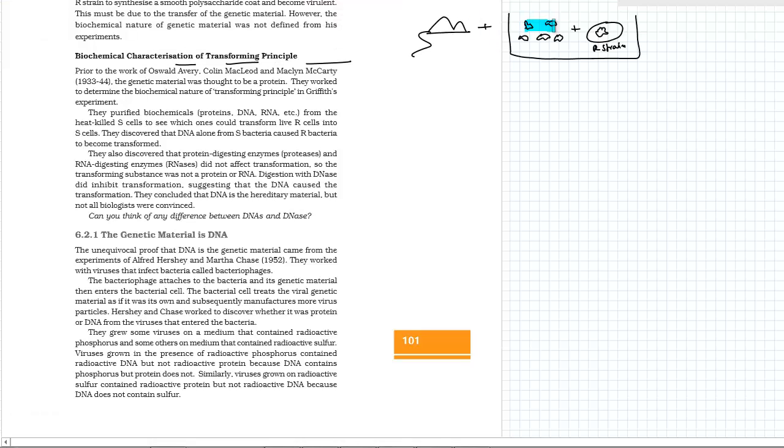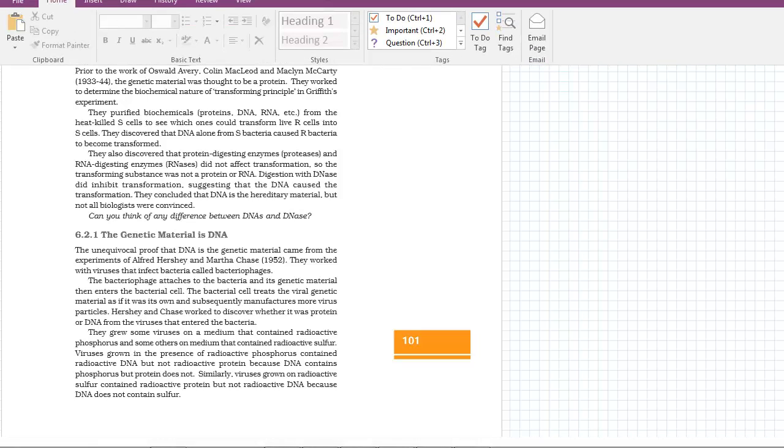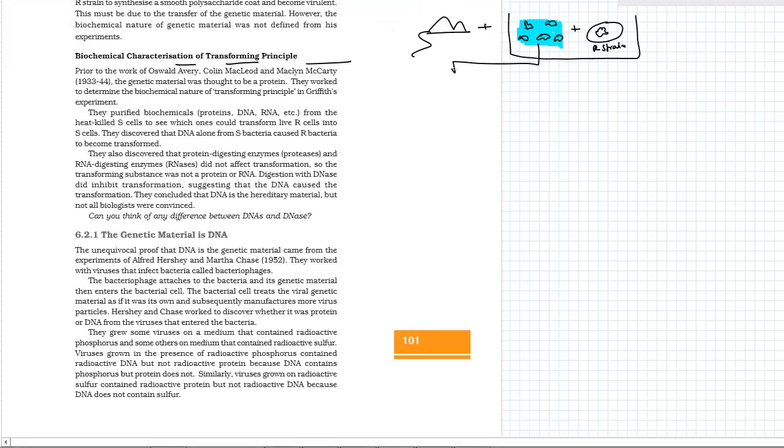They took this particular cocktail, okay. So obviously if you try to find out what it is composed of, it is composed of all those different things. So it had protein, it had nucleic acid, it had fat, it had sugar, okay. So all the things it had already.